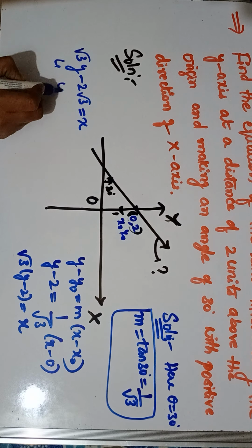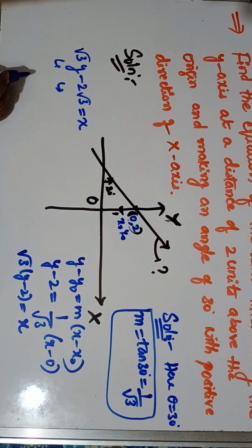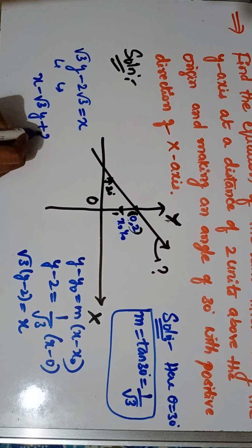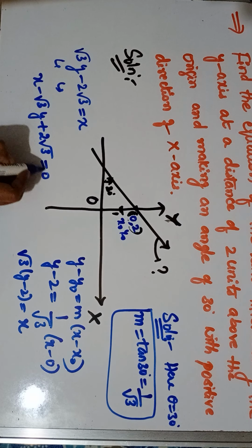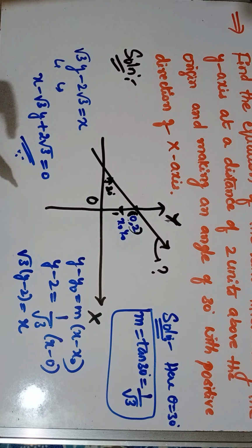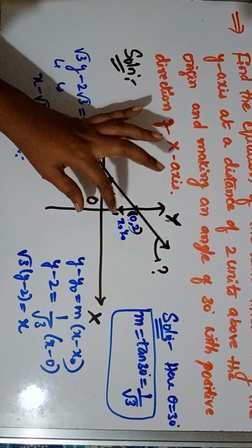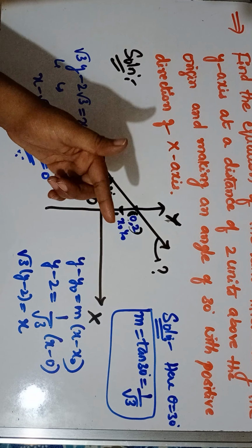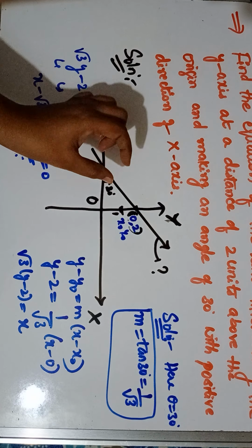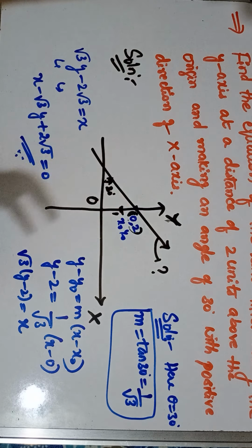By taking these terms to the RHS, you will get x minus root 3y plus 2 root 3 is equal to 0. So this is the required equation of the line which intersects the y-axis at a distance of 2 units above the origin and which makes an angle of 30 degrees with the positive direction of the x-axis.